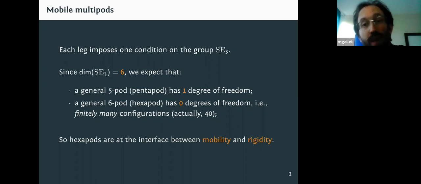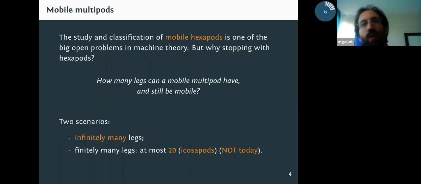If we have instead a general hexapod, a parallel manipulator with 6 legs, then we expect 0 degrees of freedom. So we expect that the manipulator is rigid. In fact, this is actually true, and one can prove that the possible number of configurations is 40 in this case. So you see that hexapods are interesting because they are at the interface between mobility and rigidity.